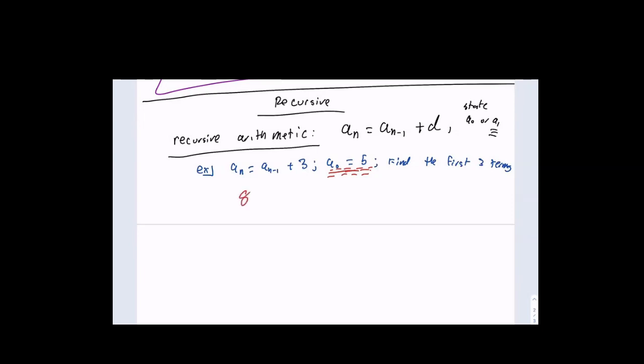We're going to take 5 and we're going to add 3 to get 8. And then we're going to add 3 to get to my next term. Perfect. And I'm going to add 3 to get to my next term. 20. Perfect.